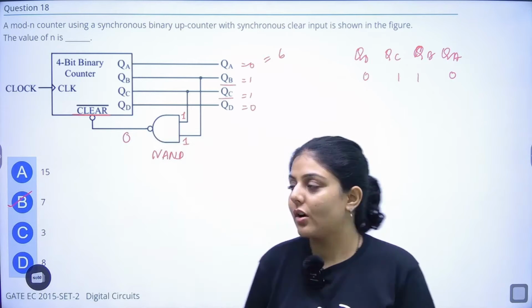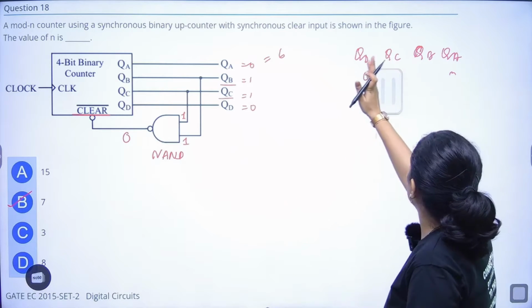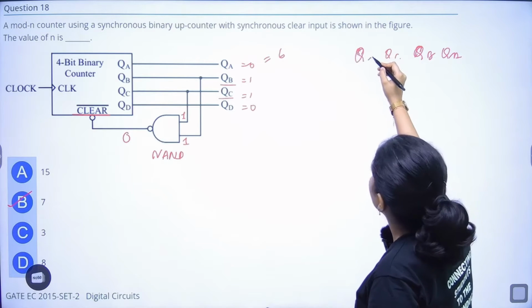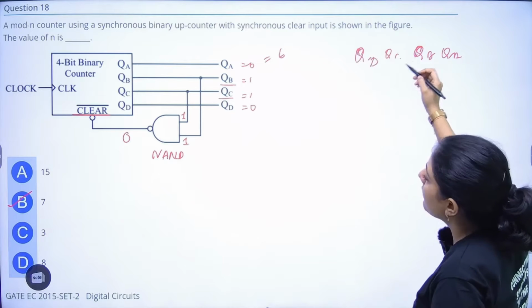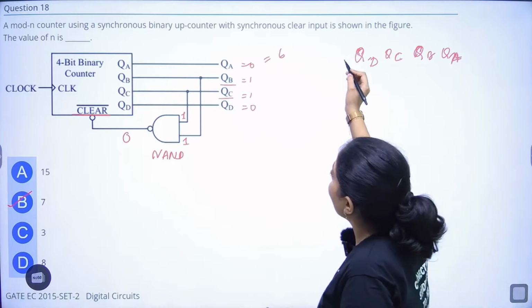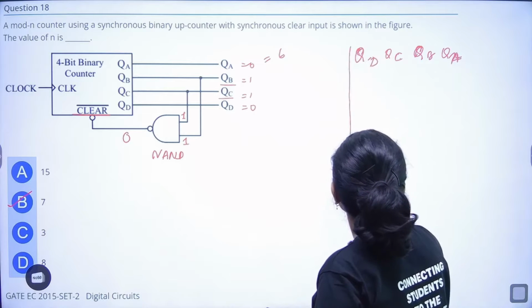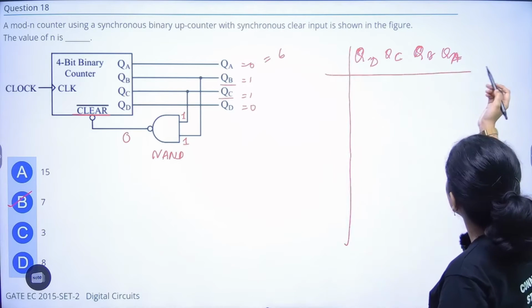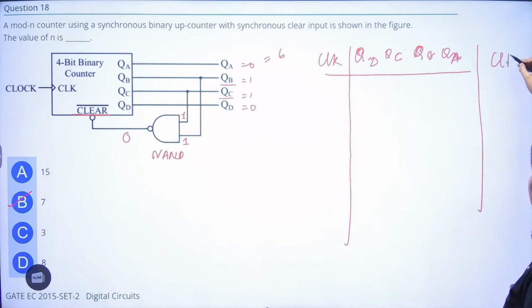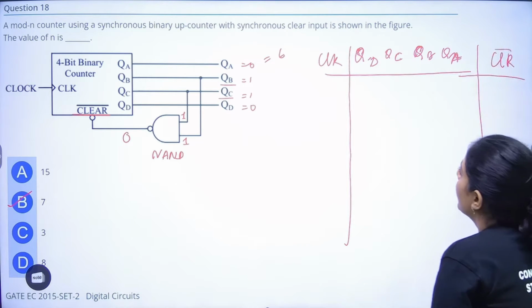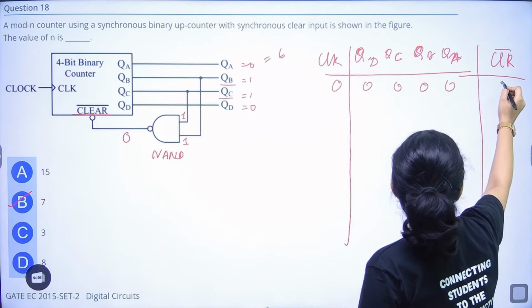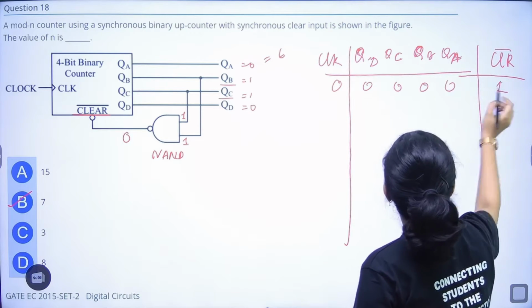Now let's draw a quick table, which is actually not required. If you understand this, QD is your MSB, then QA. Clock, clear. It is an up counter, it is counting up. So clear is 1 here.